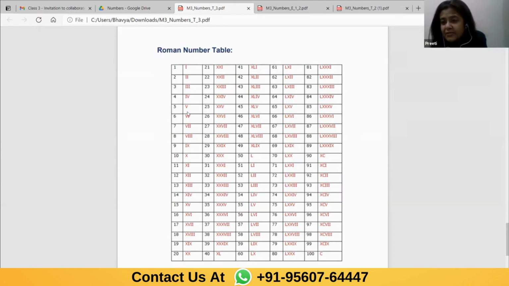For 5 we use V. For 6 we use VI, because VI means 5 plus 1. For 7 we use VII, which is 5 plus 1 plus 1. For 8 we use VIII, because we can repeat I maximum up to 3 times, so 5 plus 1 plus 1 plus 1. Then for 9 we use IX. Why? Because IX means 10 minus 1.